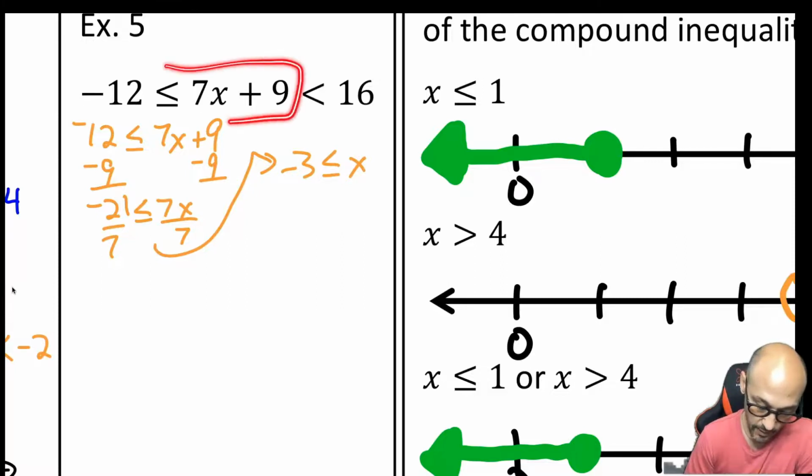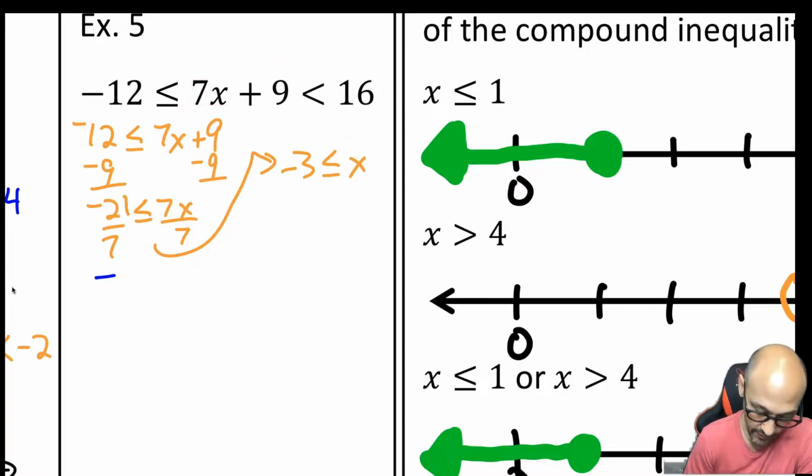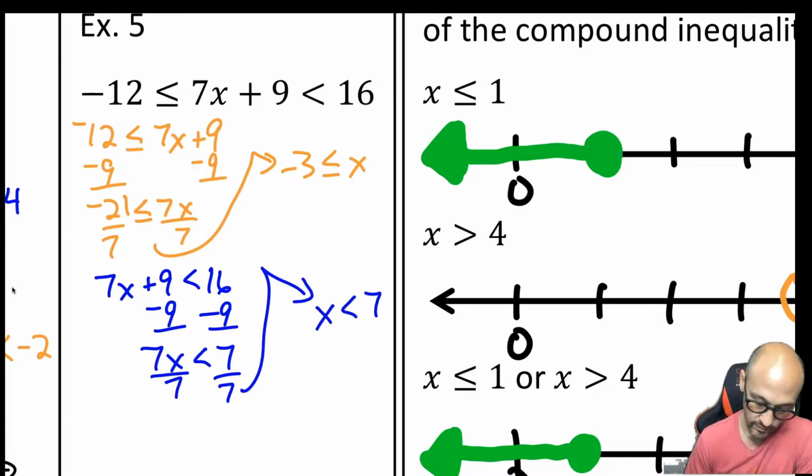So I did this part right here. And now I'm going to do this part right here. And so we can do 7x plus 9 is less than 16. Subtracting 9 from both sides, we get 7x is less than 7. Divide both sides by 7, and we get x is less than 1.